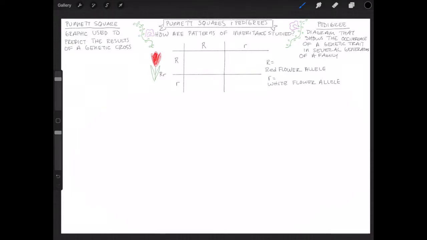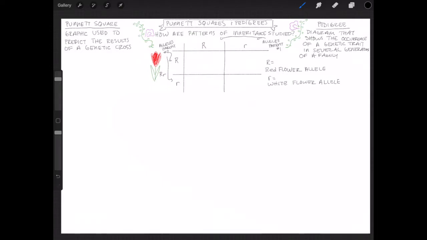So again, these are the alleles of parent 1, which go up top, and the alleles of parent 2 are along the side, right here.